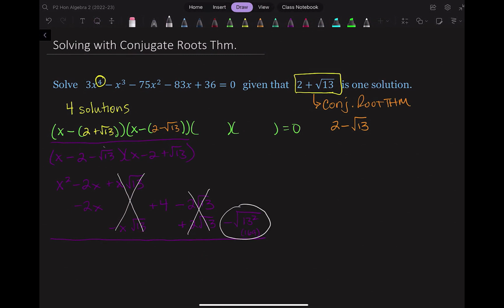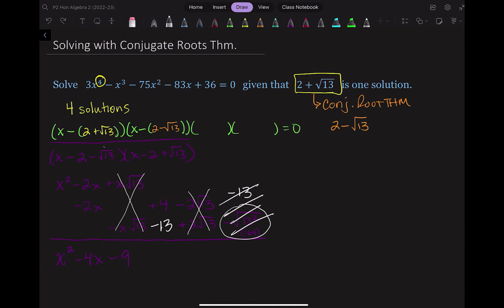If I have the square root of 13 times the square root of 13, that's going to be either 13 squared or 169 inside the root, and that's just going to simplify to a minus 13. Like you've seen me do before, I'm going to put the minus 13 here, kind of cross it out over here, and that's going to give us, for those first two parentheses, the two that we wrote in green at the beginning, they expand to x squared minus 4x and then minus 9 when I add positive 4 and negative 13.